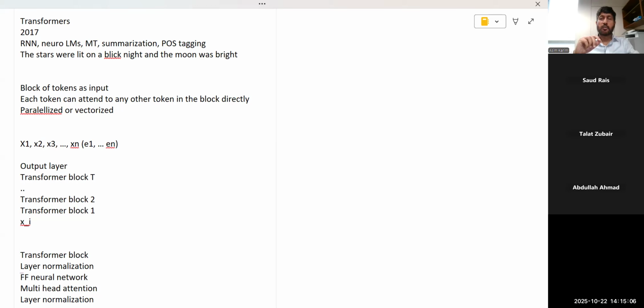So I explained it in that context. So you have a normalization, then the attention mechanism, then the feed forward network, and then again a normalization, then you get the output of that transformer block. That output goes to the next transformer block, to the next transformer block until you reach the output of the whole network.